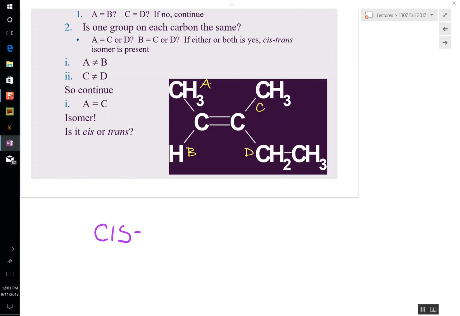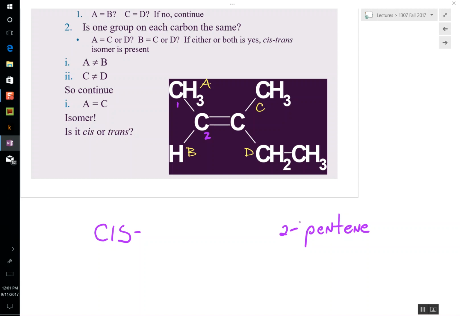5, that's pentene, right? Where does the double bond begin? On the second carbon, 1, 2. And what did we leave out? We didn't leave this out.